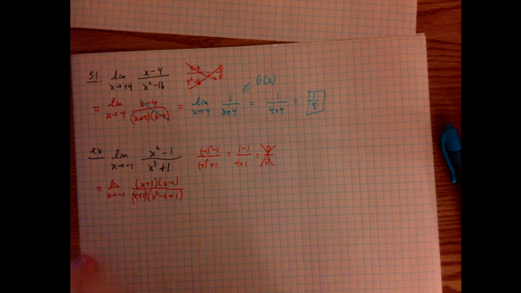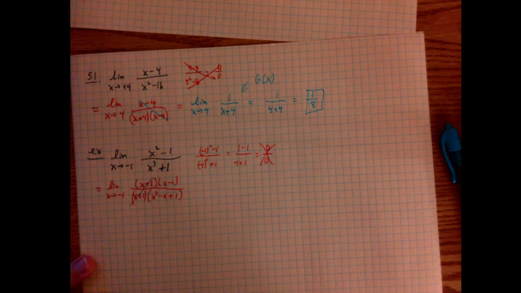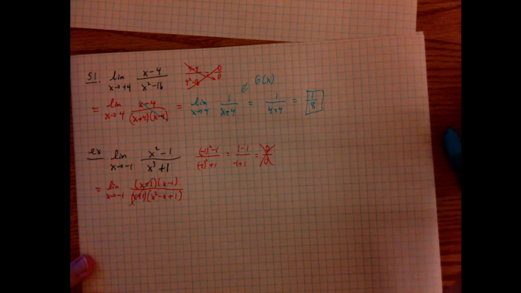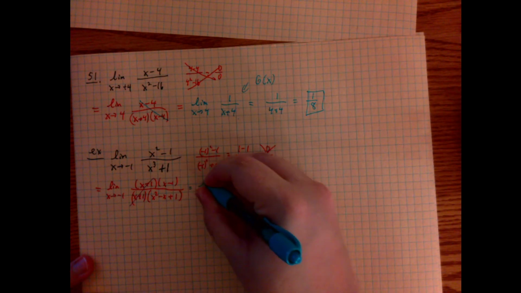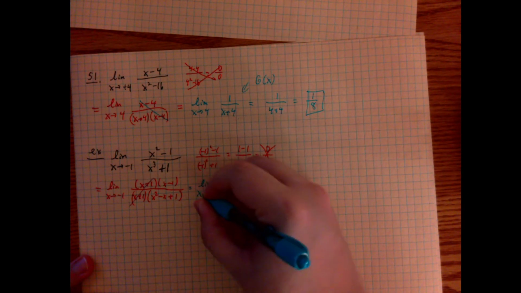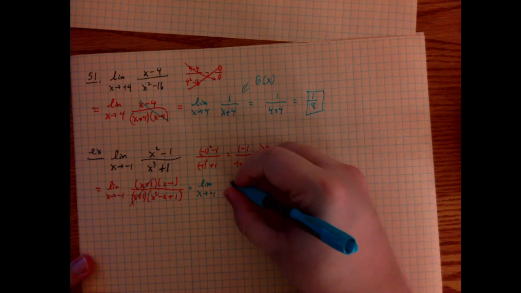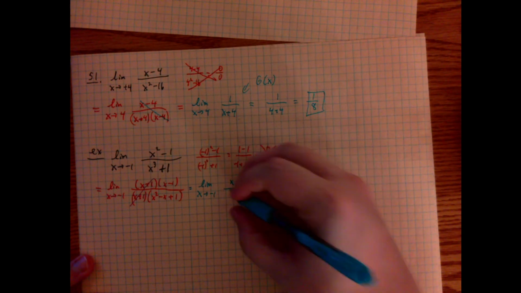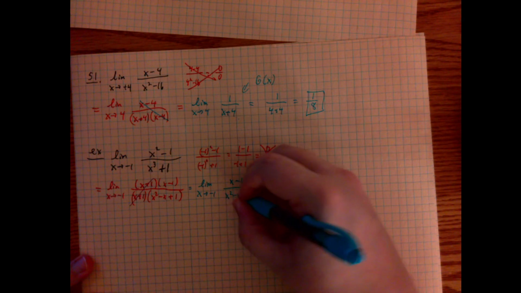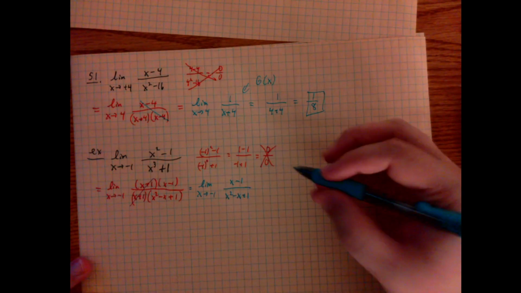Now, I can use algebra to cancel the x plus 1 and the x plus 1. And what's left behind? The limit as x approaches -1 of x minus 1 on top and x squared minus x plus 1 on bottom.